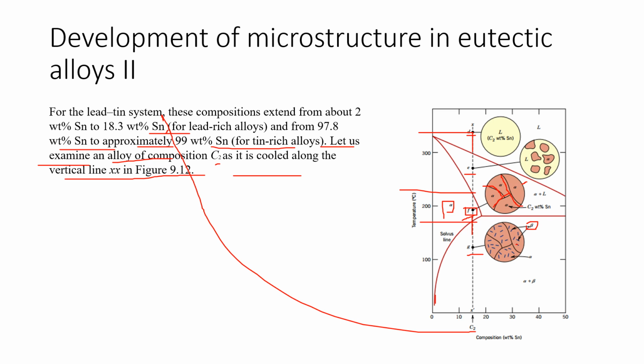The small solid grains are surrounded by liquid, and as soon as we reach the solidus line, the grains are completely solid and no liquid exists at point F. But after the solvus line is crossed, beta particles begin to form, as shown in the microstructure at point G.